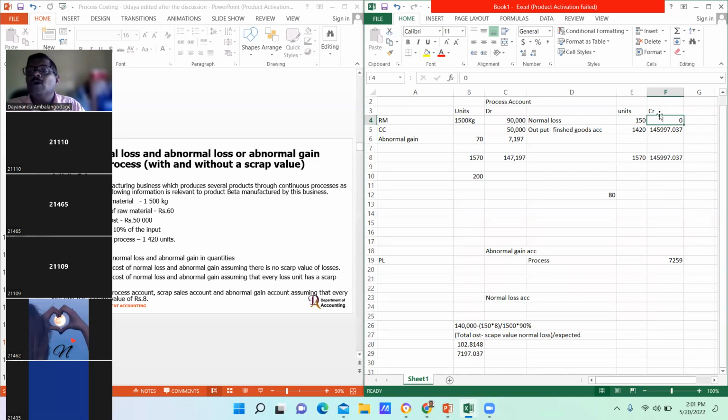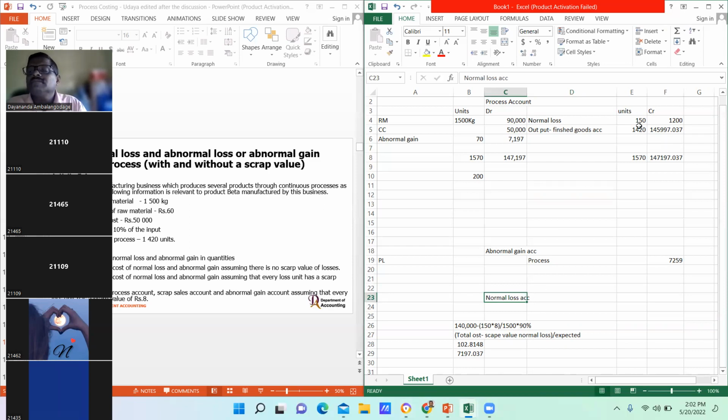But here, since normal losses are having a scrap value, so 150, right? 150 into 8 rupees, right? 8 rupees would be the income. Okay. So thereby your account is now tallied. So we will prepare the abnormal account now and the normal loss account.